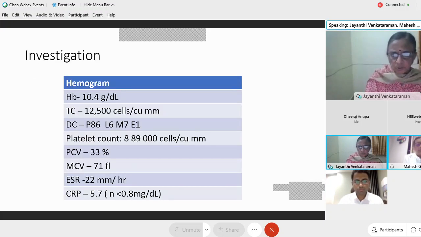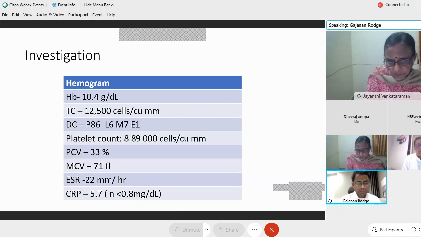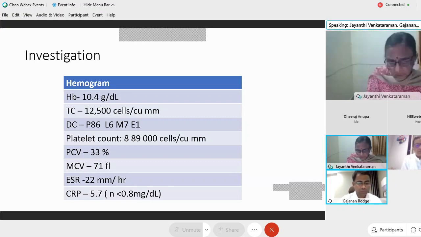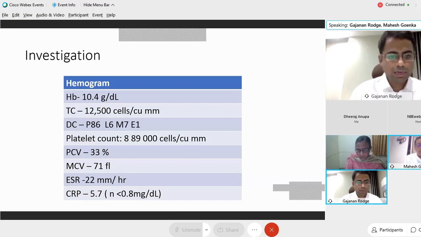Okay. So the patient had a hemoglobin of 10.4. Anemia was present. Platelet count was 8.89. ESR was 22 and CRP was 5.7. What's your comment? Increased leukocyte count, mainly neutrophilic leukocytosis, with CRP of 5.7 and thrombocytosis. So it may be reactive, no?